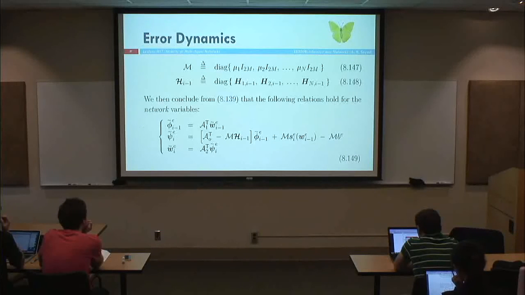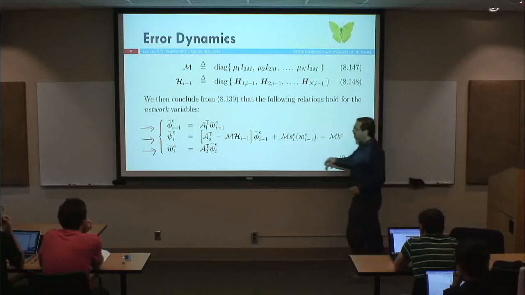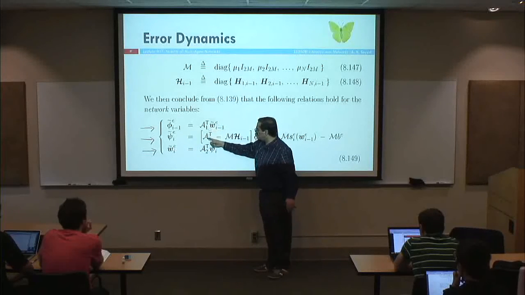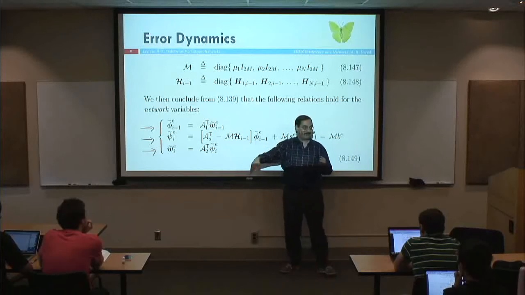Okay. Then the equations become simply this. Just like last time for the mean-square error case. This is the network error, network error, network error. These are the combination matrices. N is the block diagonal matrix containing the step sizes.